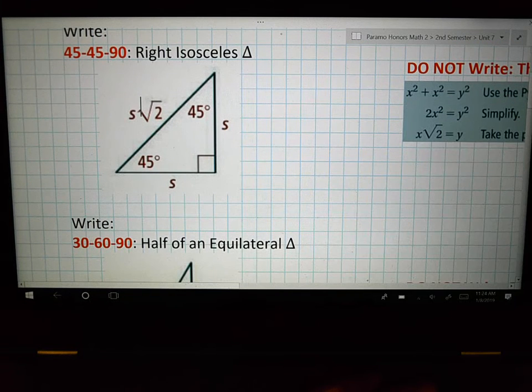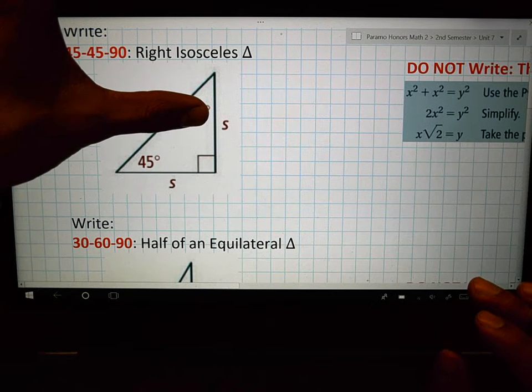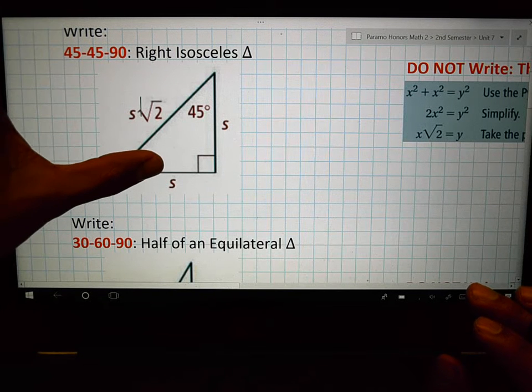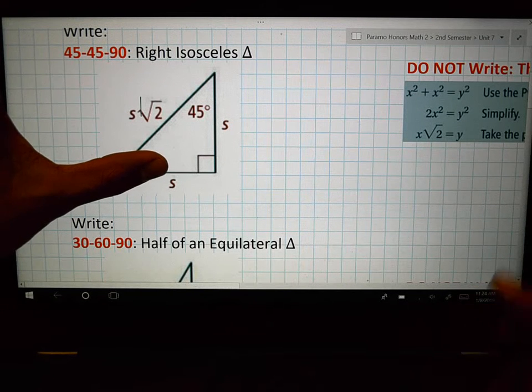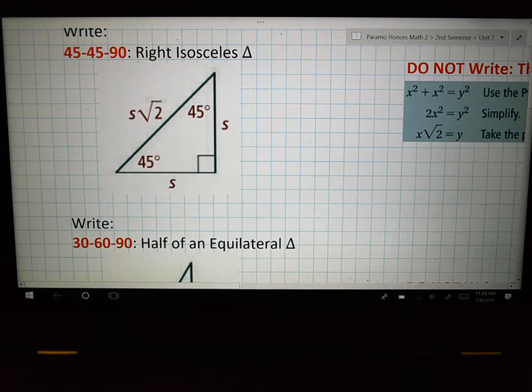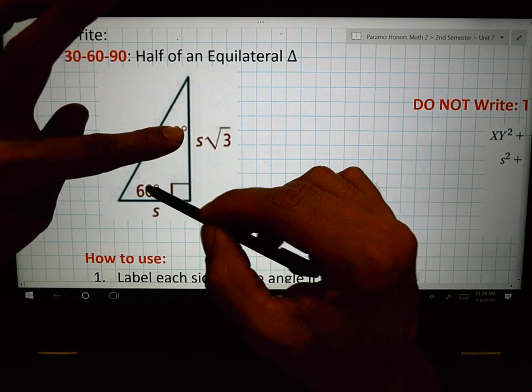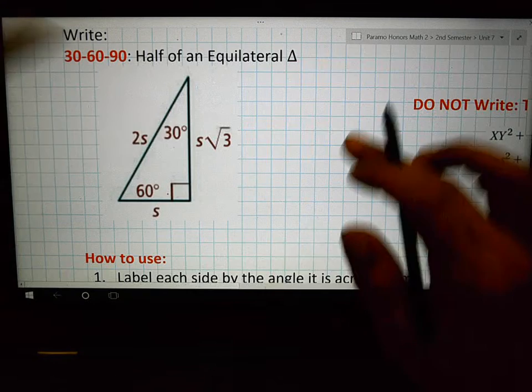Keep in mind, the way our textbook and our problems are, they're going to try to disguise these. They might only give you one angle, 45, and then they'll give you a 90, and you have to figure out that the other angle is 45, and oh, it's a 45, 45, 90. Or they might only give you the 60 and the 90, and then you have to figure the other one out.